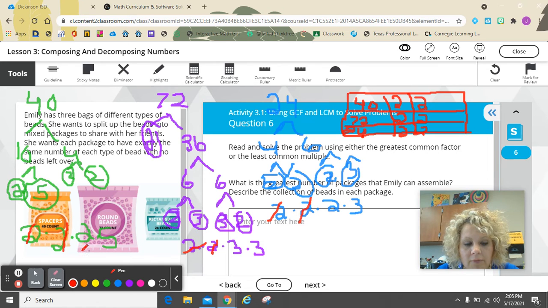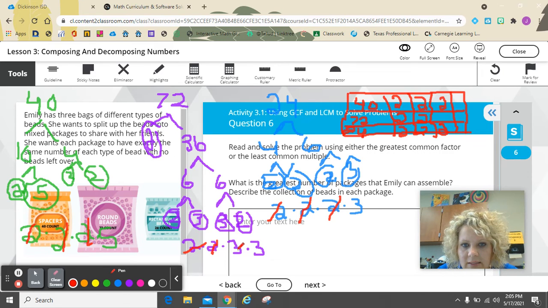Now, 40 has a 2, but we're out of 2's for 72, and 24 has a 2. So I know that I can put a 2 in 40. 72 doesn't have any more 2's, so I'm going to skip down to 24 because we have a 2 left in 24. Okay, then I have 3's with 24 and 72, and then I have a 5 with 40. So I'm going to put a line here, and I'm going to do my 3's.